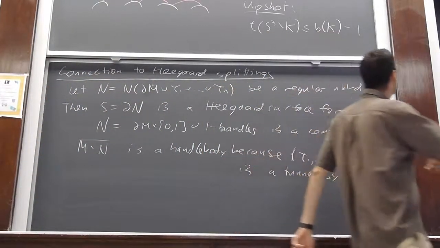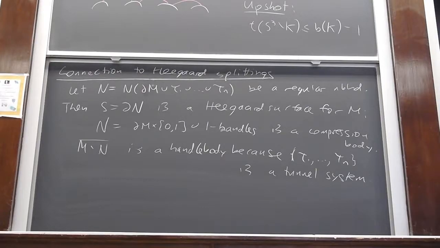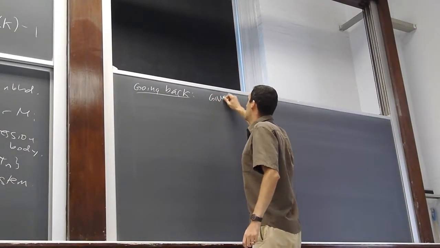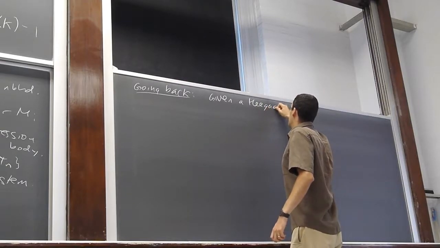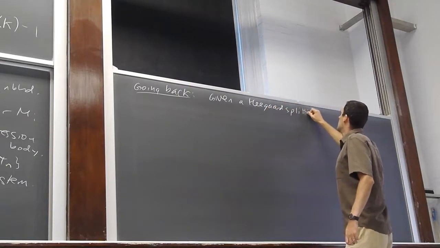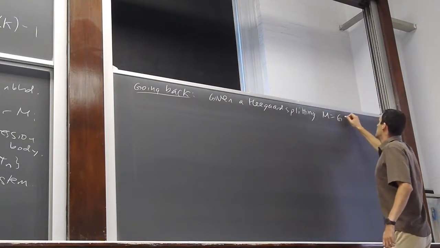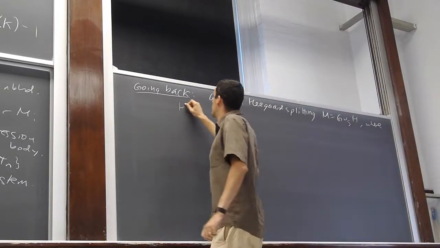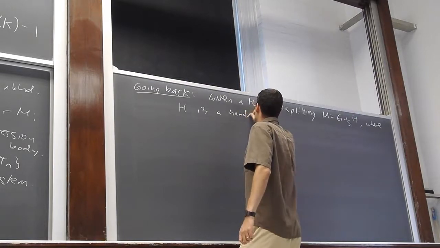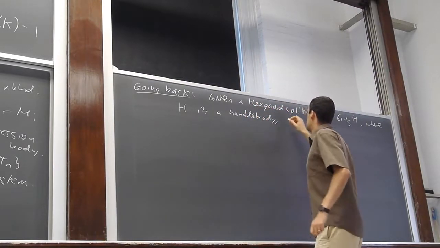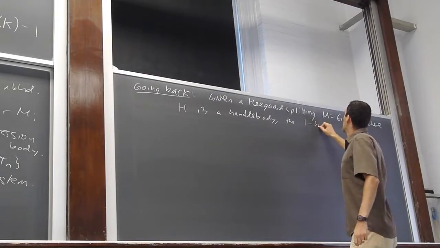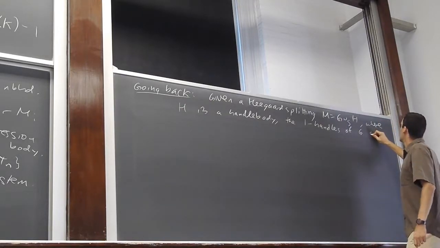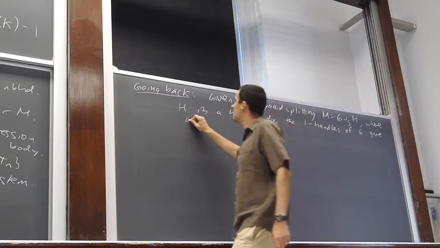So for going back from Heegaard splitting to tunnel systems: given a Heegaard splitting along the surface, where H is a handlebody, the 1-handles of N give a tunnel system.